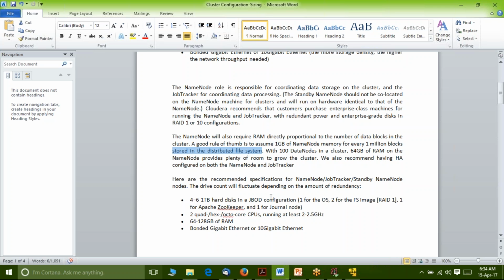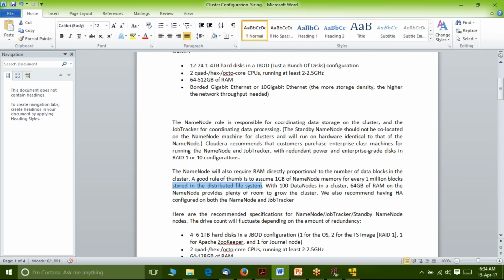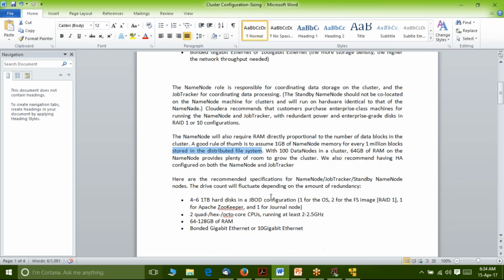No, we definitely need to consider the secondary name node, because whatever we are working with on the name node, the secondary name node also needs to have a similar configuration.